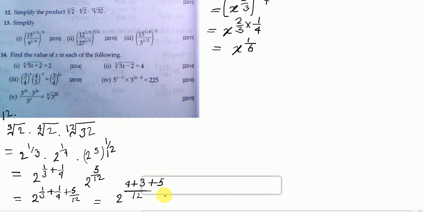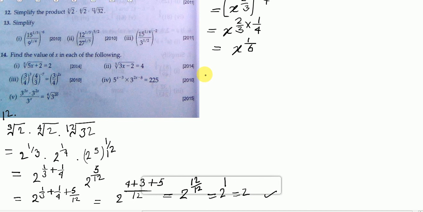So 2 raised to the power 4 plus 3 is 7, 7 plus 5 is 12, 12 by 12, then 2 raised to the power 1, then 2. This is our answer.